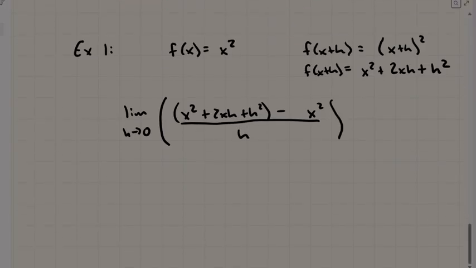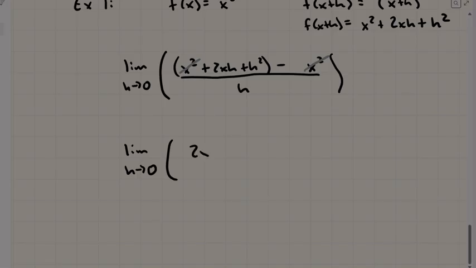Okay, and then see what happens. Well, we got an x squared minus an x squared. And so then this will simplify. Limit as h approaches 0 of 2xh plus h squared over h.